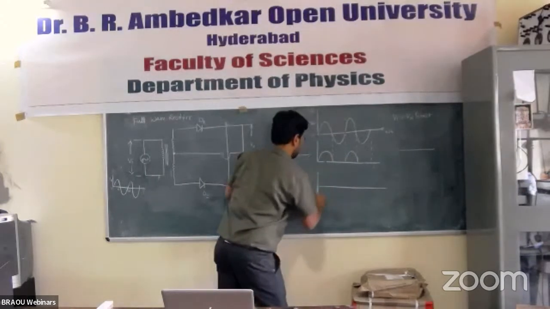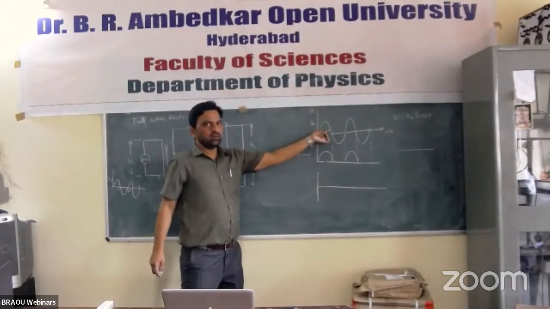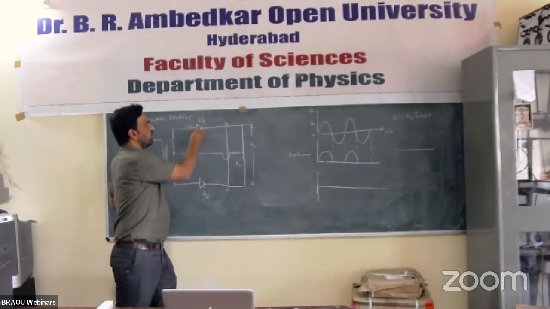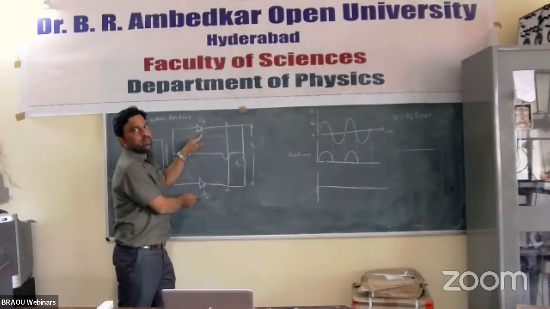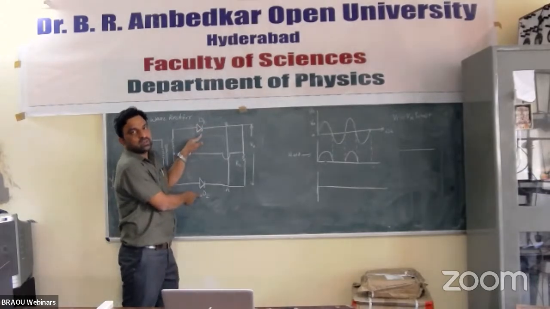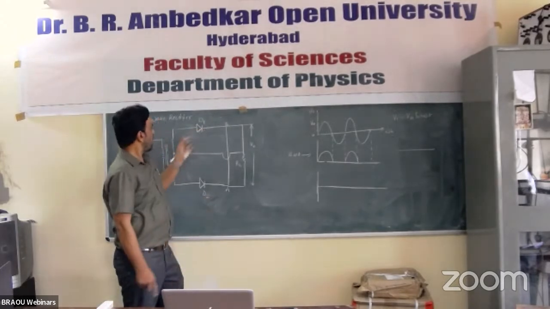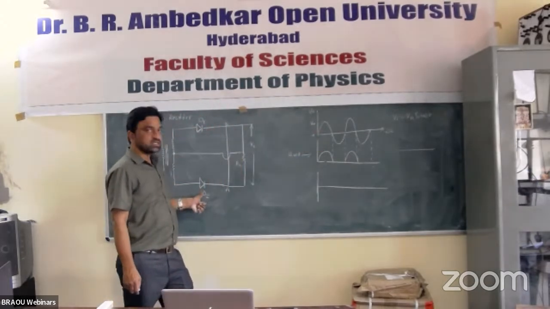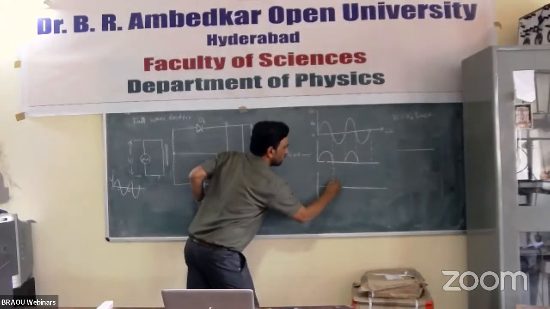So during this positive half cycle, diode D1 will be in the forward bias mode, and the second diode D2 will be in the reverse bias mode. That means the current will flow through this one, the current will not flow through that one. So as this is the input, this diode conducts, this diode does not conduct. So the output here you are going to get at this point.